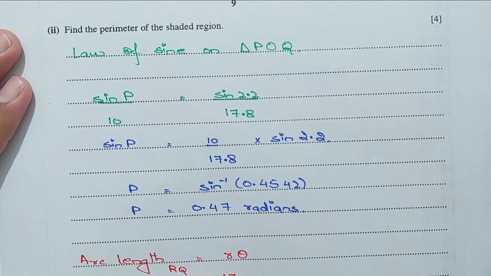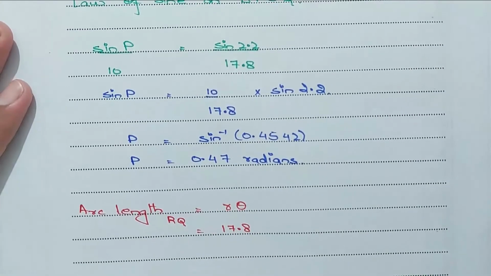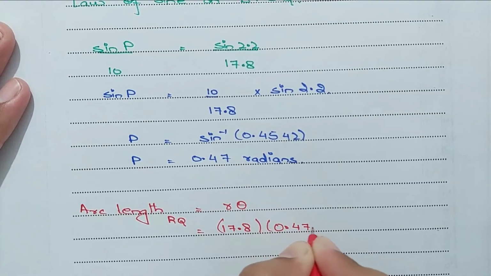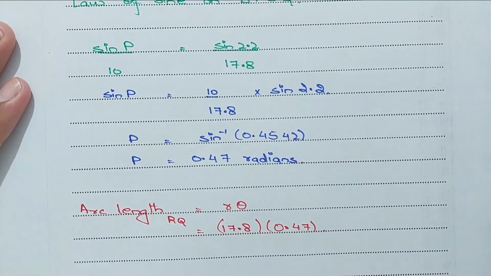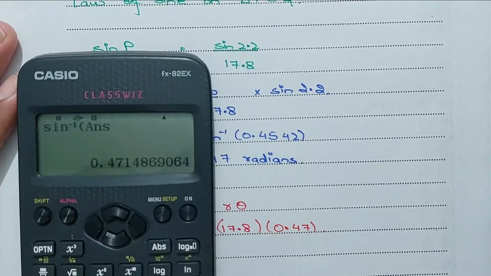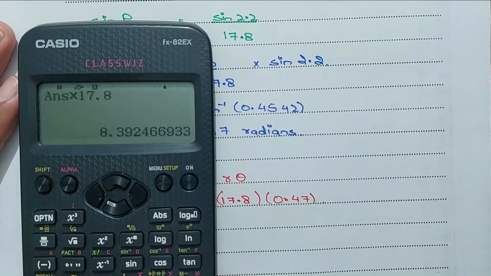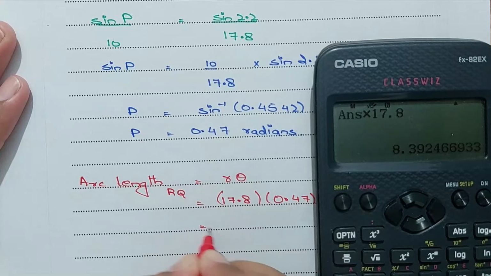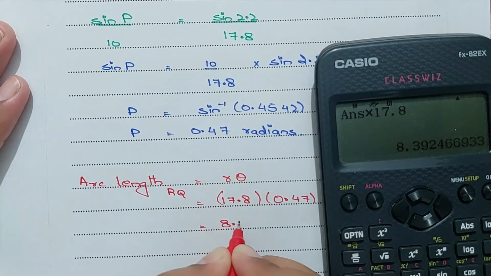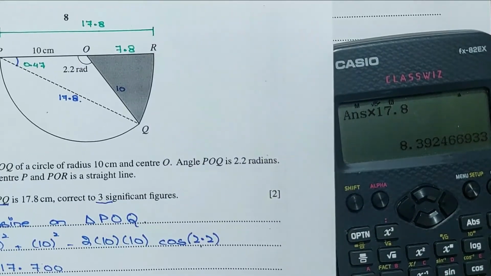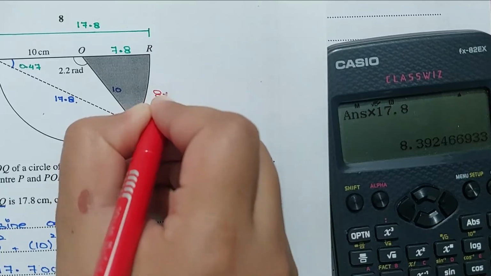The radius is 17.8 and theta is 0.47 radians. Times it by 17.8, that is 8.39, we can say 8.4 centimeter.